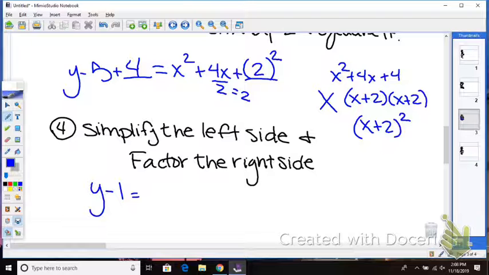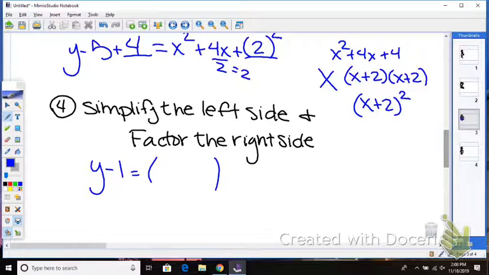This will always factor down like this. This will always factor to be an x, and then the quantity is squared. And then the number that you put with the x is always going to be this number in here. So is everybody looking at this shortcut? This will always be the number that it factors to.